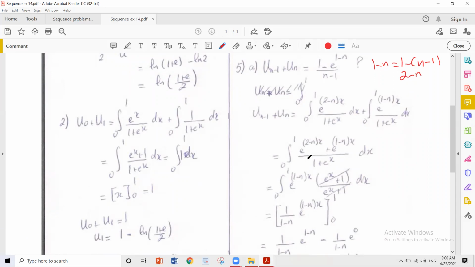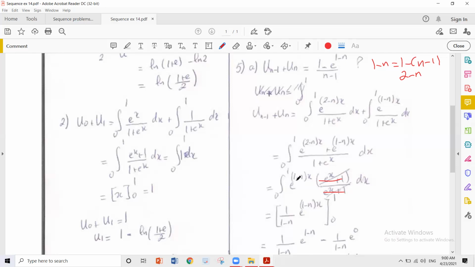I take common e to the 1 minus n x; here remains e to the x plus 1, over e to the x plus 1. Here remains 1. The denominator is e to the x.